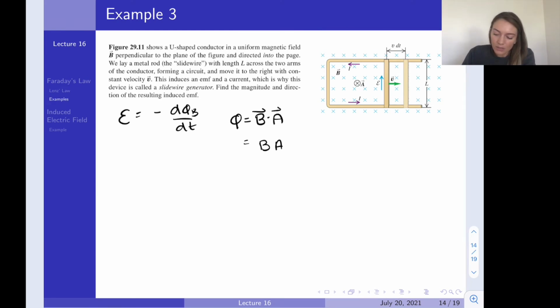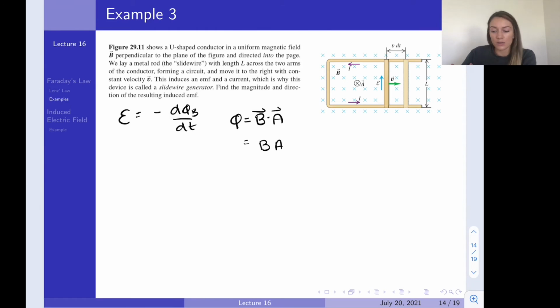Once I start moving this wire to the right, what is changing? My magnetic field is not changing because it said that it's uniform and there's nothing changing about my magnetic field. But what is changing is the area that's enclosed by this circuit. As I move this wire out to here, my area is bigger now. So my area has actually changed.